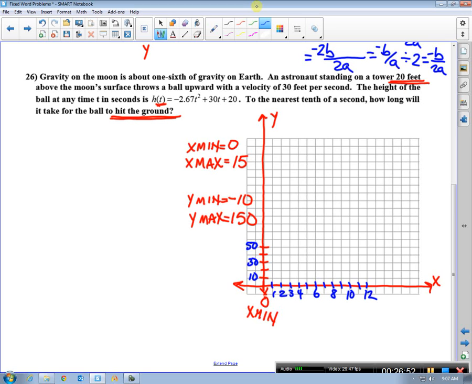Use your table and get some good points. If you don't know how to do that, you want to come in and get some help.